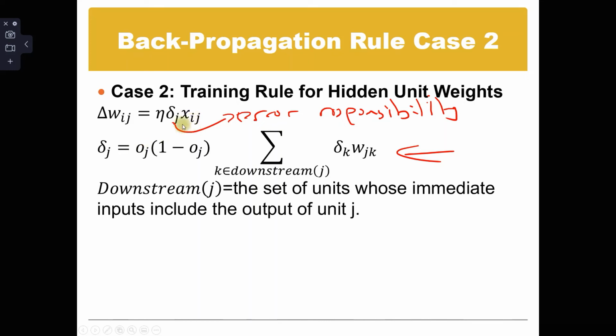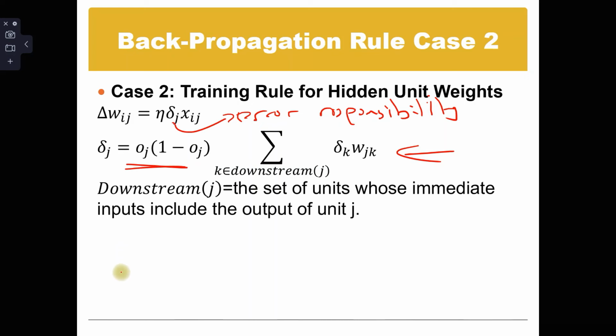Okay. And the delta J is obtained by this formula, which is OJ times 1 minus OJ times the sum downstream of delta K wjk. Now, this part here is easy.